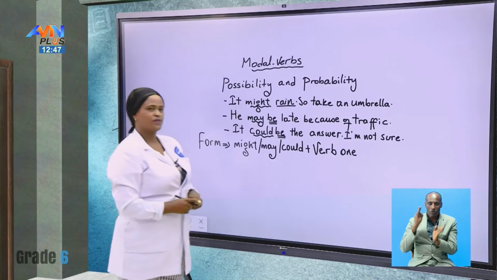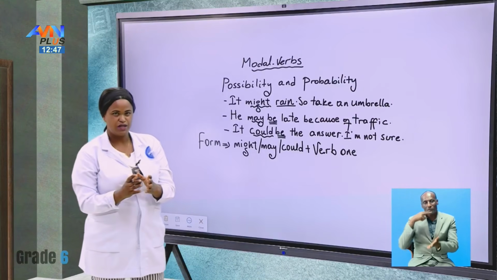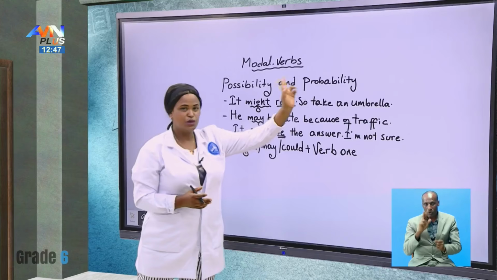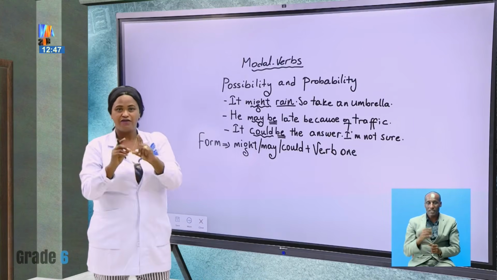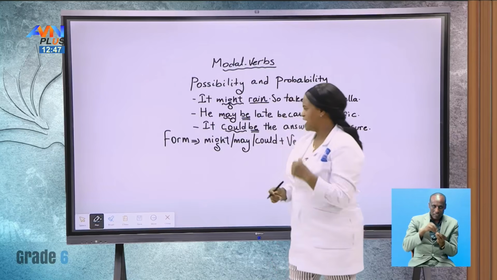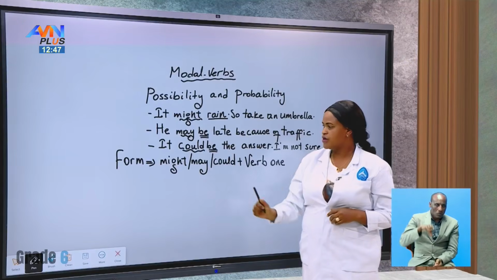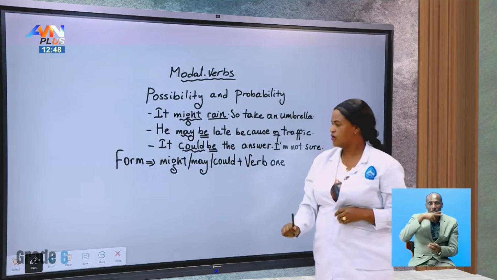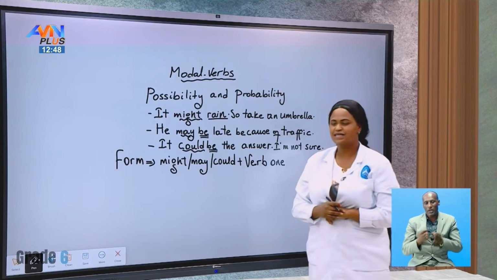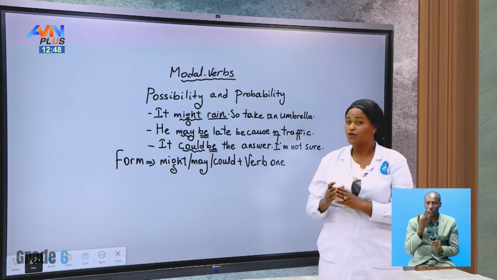So, the form of the modal verbs when we express possibility and probability is, after a subject, what do we get? Yes, subject plus might or may or could plus verb 1. This is how we express what?